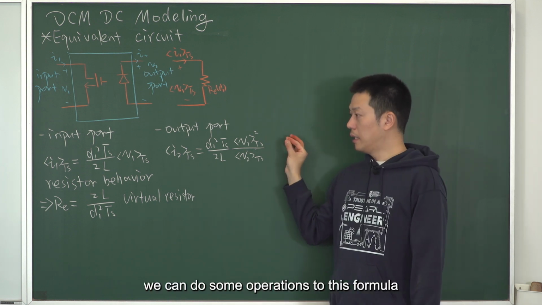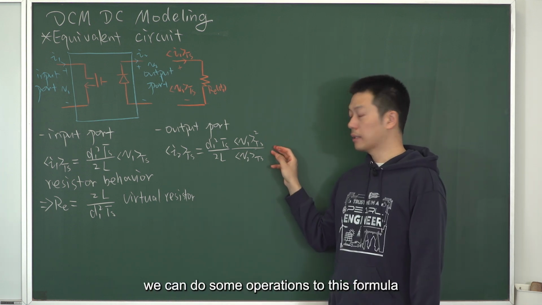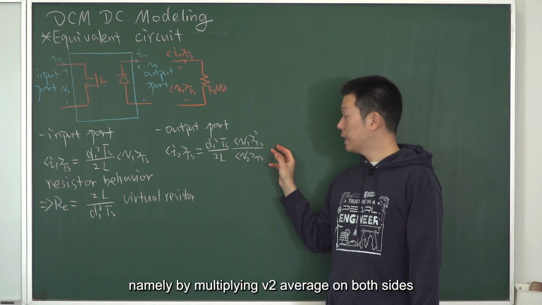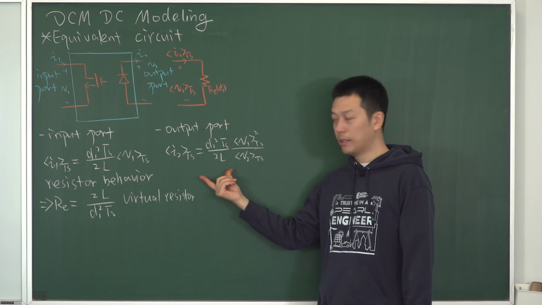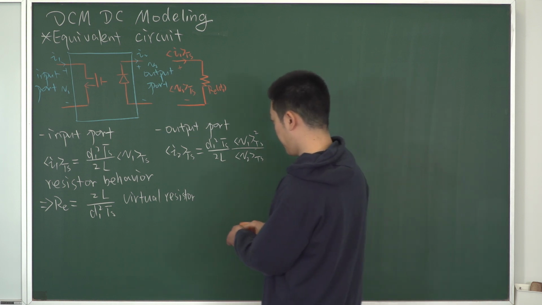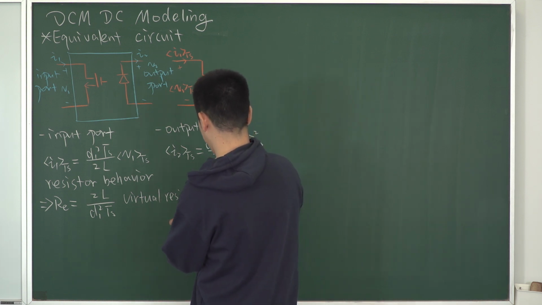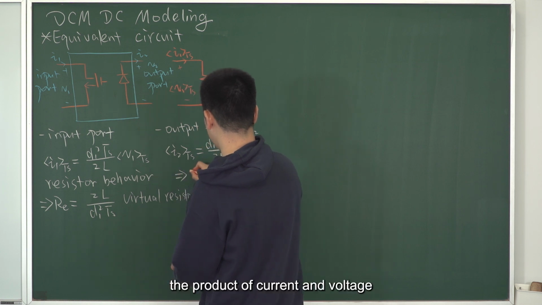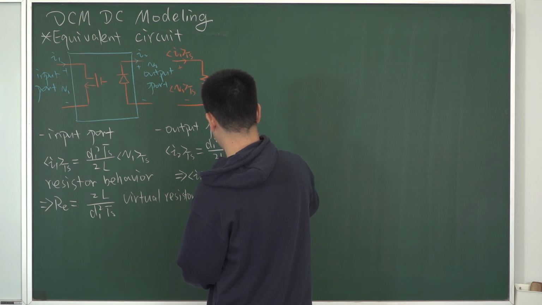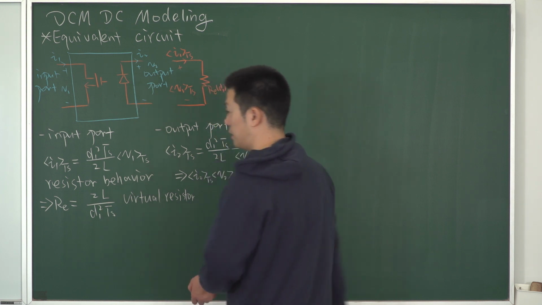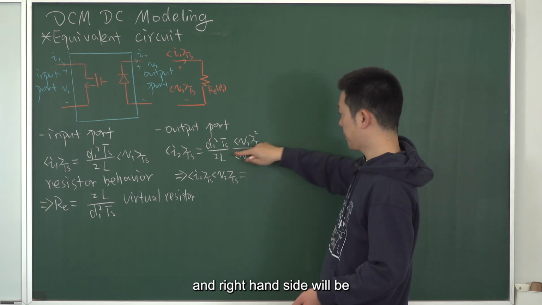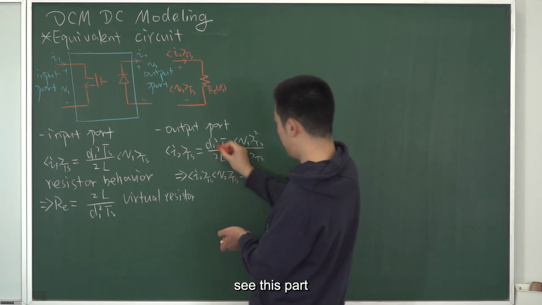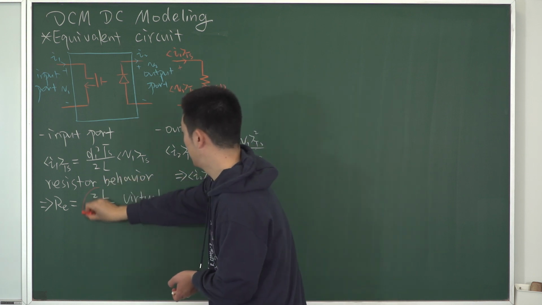We can do some operations to this formula, namely by multiplying V2 average on both sides. So the left-hand side will be the product of currents and the voltage. And the right-hand side will be this part.